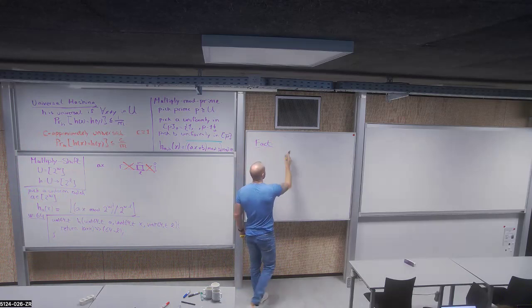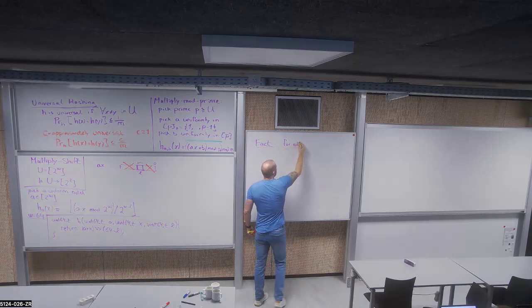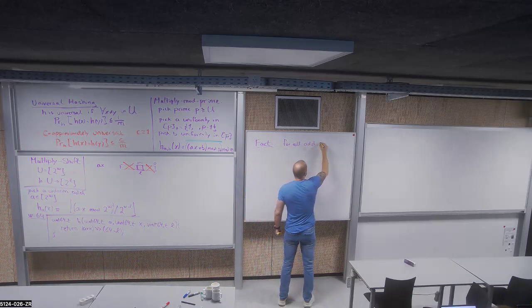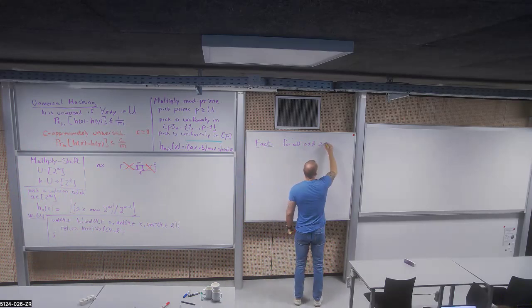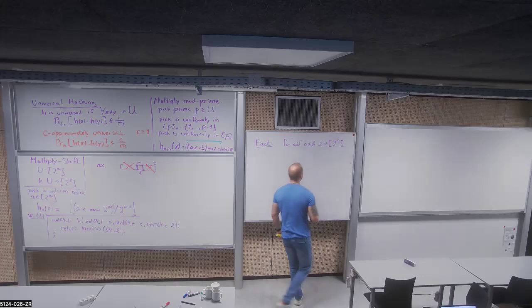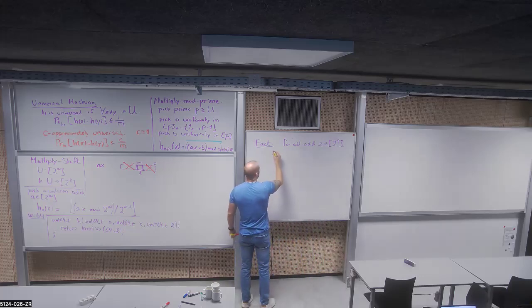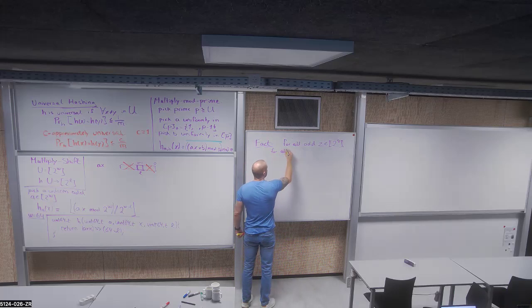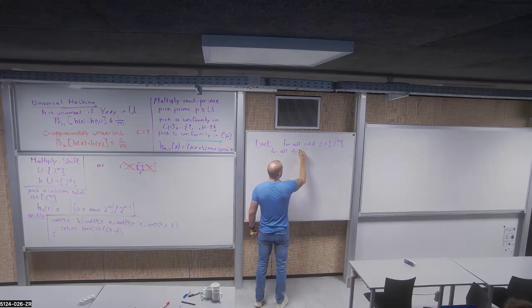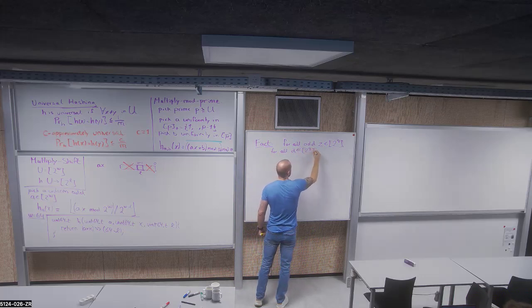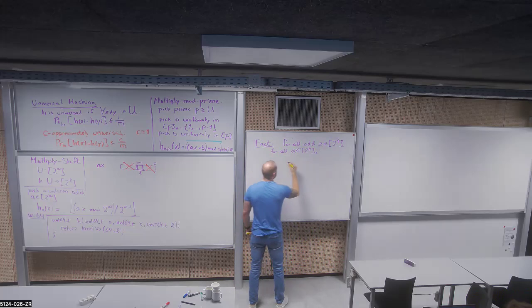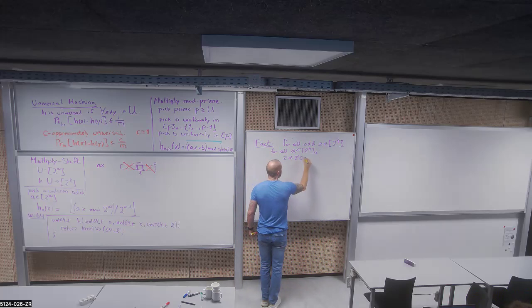For any power of 2, and for all odd a and all alpha that is non-zero, we still have that a times alpha is not congruent to 0 mod 2 to the power.